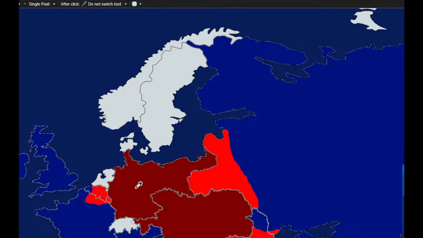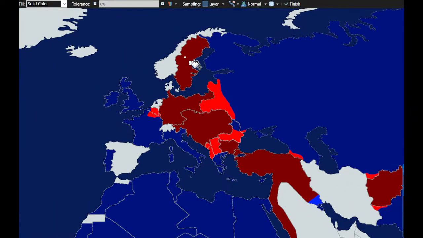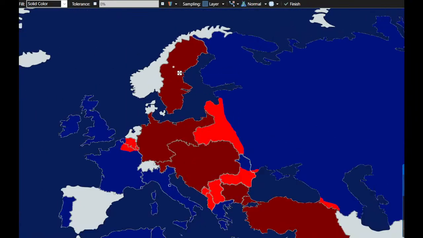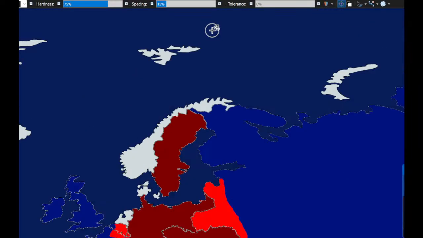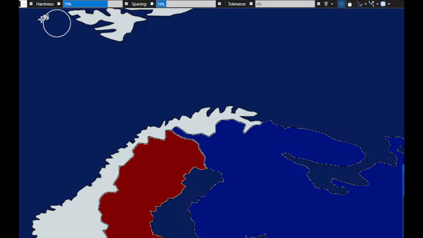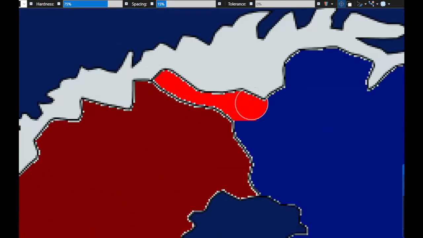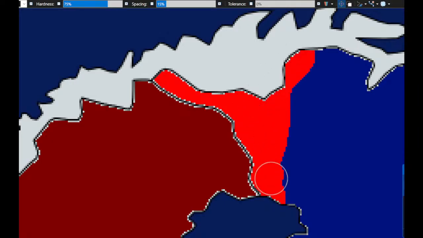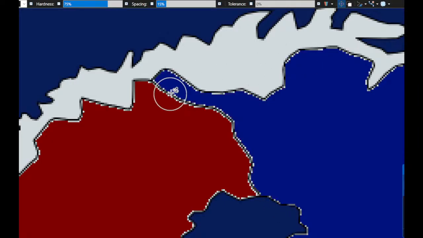So I might actually add them into the Central Powers instead, especially their nobility. The Swedish nobility was very pro-Central Powers. Or maybe not very, but they were pro-Germany. So let's just say they side with the Germans, and they begin an invasion of Finland.